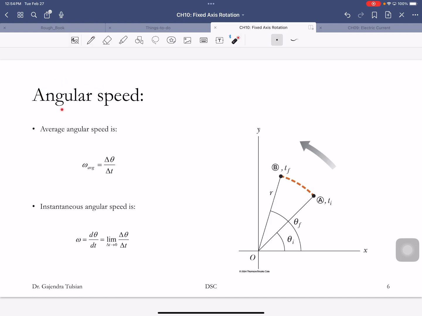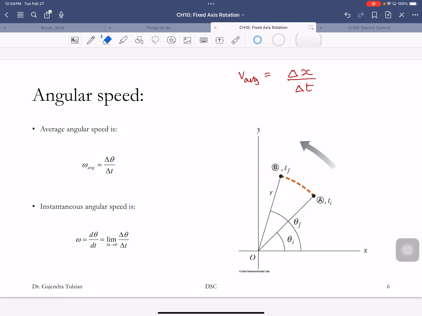So, average angular velocity. We're saying angular speed for now. Average linear velocity was defined as the displacement over time, and so the average angular velocity is the angular displacement divided by time.